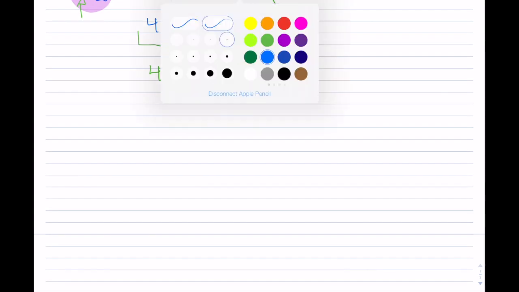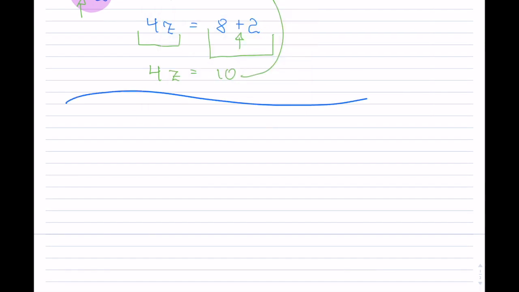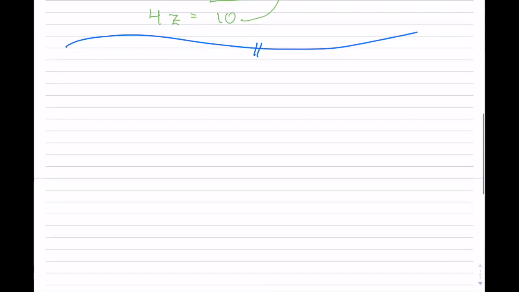We'll do a little bit bigger example. Here, I will randomly place these all over the place. So for instance, I have 4x plus, let's say, 8 minus 2 equals negative 3.2, and it can be, for instance, a decimal, doesn't matter.